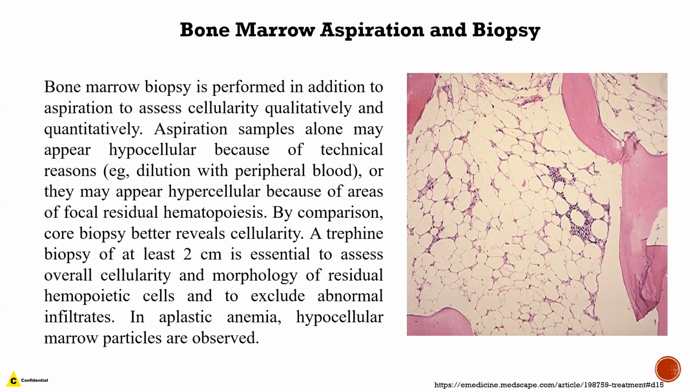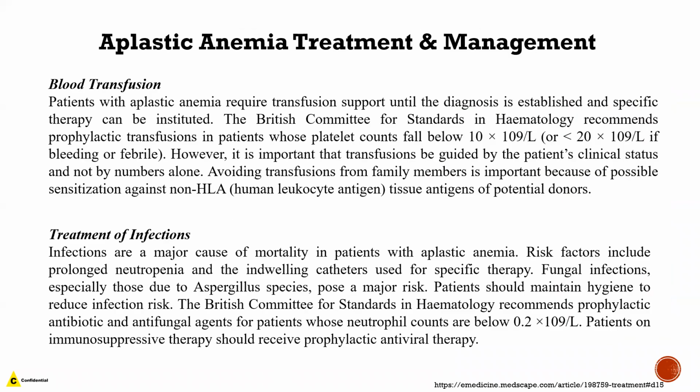By comparison, core biopsy better reveals cellularity. A biopsy of at least 2 centimeters is essential to assess the overall cellularity and the morphology of residual hematopoietic cells and to exclude abnormal infiltrates. In aplastic anemia, hypocellular marrow particles are observed.